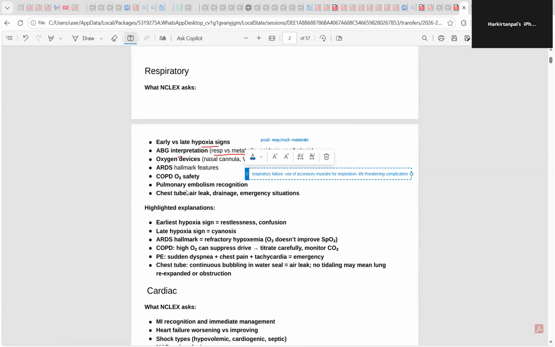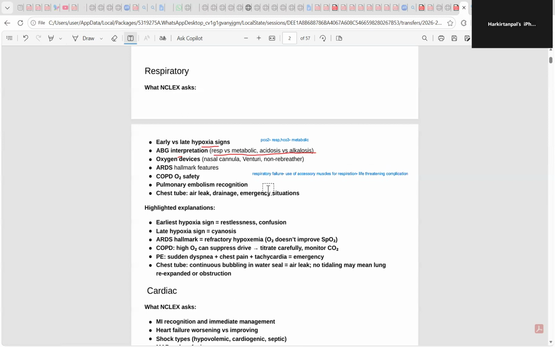Also we need to check the chest tube intercostal drainage. That means is there any air leakage, what type of drainage, and the amount of drainage. If the drainage is greater than 100 ml per hour, which patient do we need to meet first? That patient. Why?